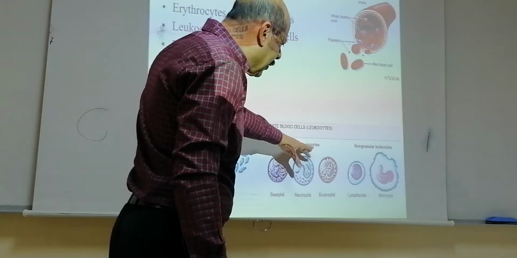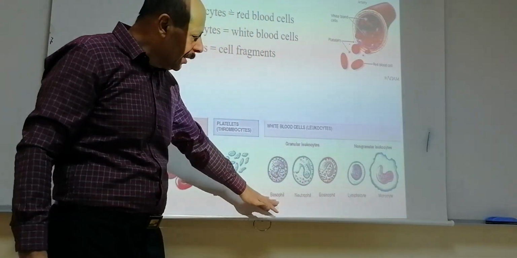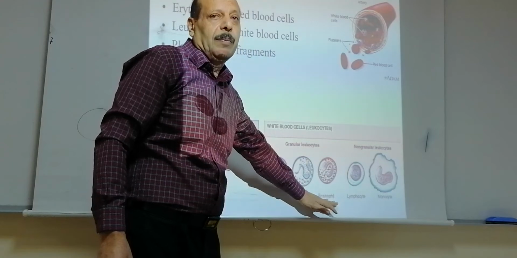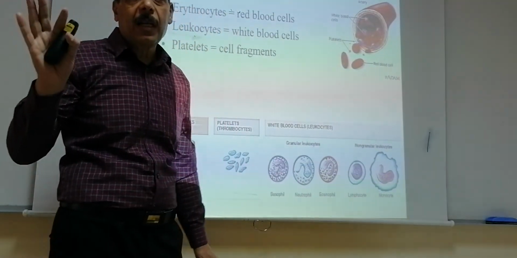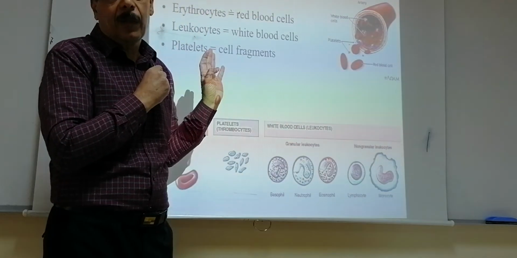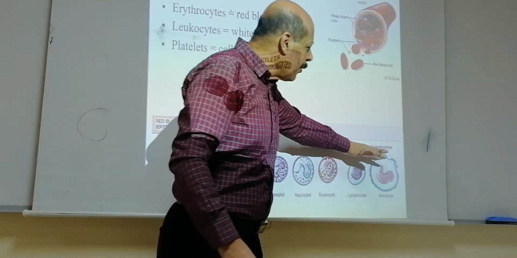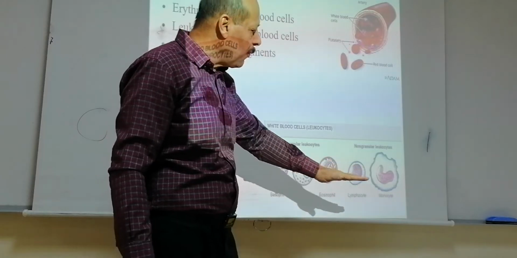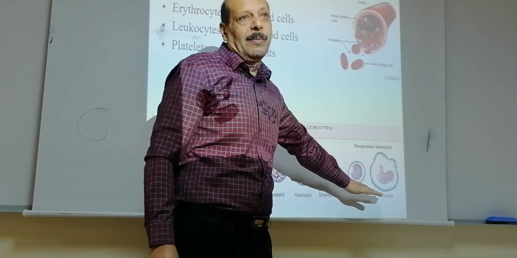The granular leukocytes are the basophil, neutrophil, and eosinophil. So those three types of cell are granular cells. The non-granular leukocytes are the lymphocyte and monocyte.